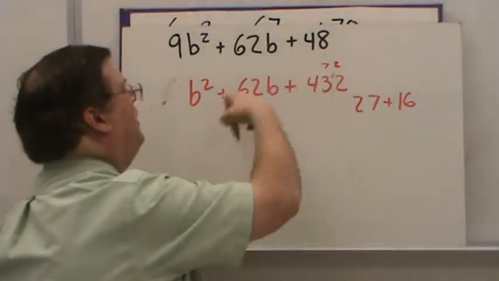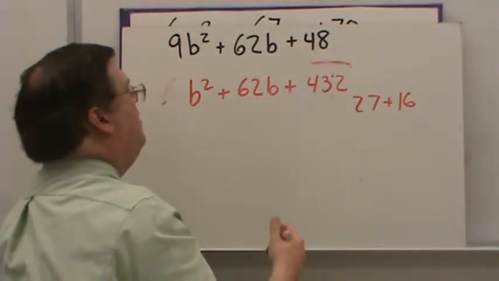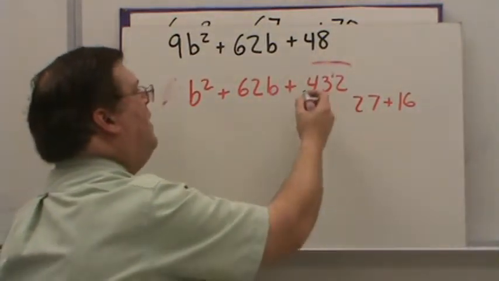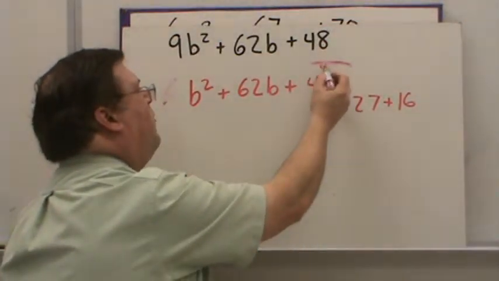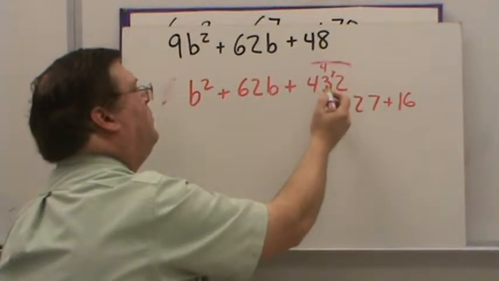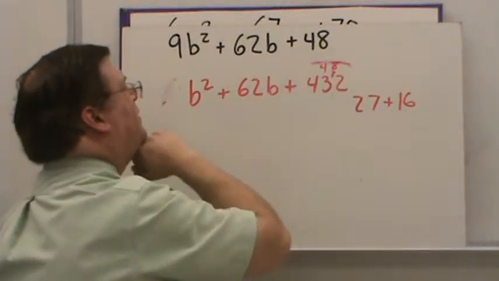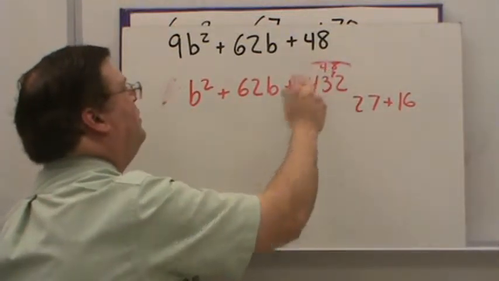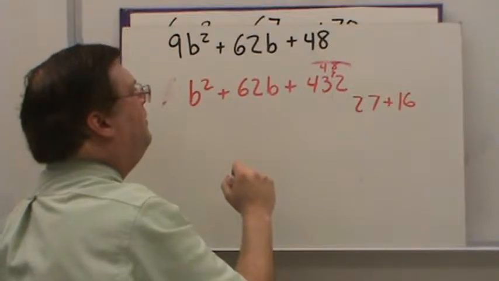But 6 plus 72 is not going to work there. So let's try a higher number. Let's try 9. 9 goes into 432 48 times. 9 plus 48 does not give me 62. It's a little too low. So we've got to try something higher than that.